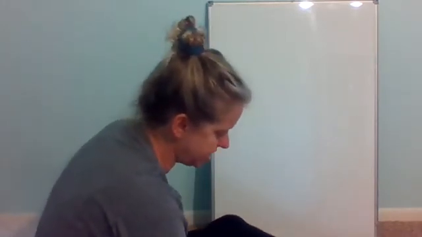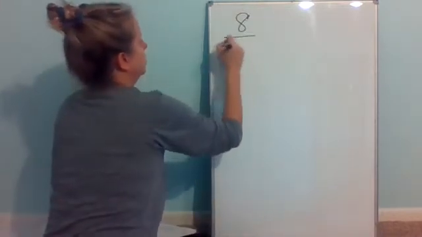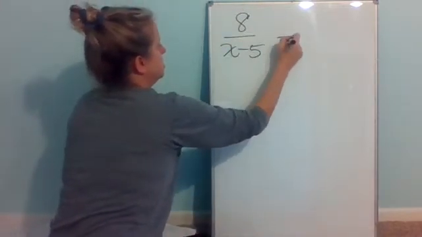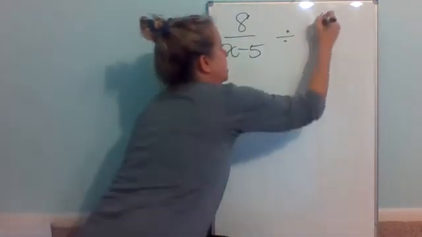Number 6, I have 8 over x minus 5 divided by 40 over 2x minus 10.